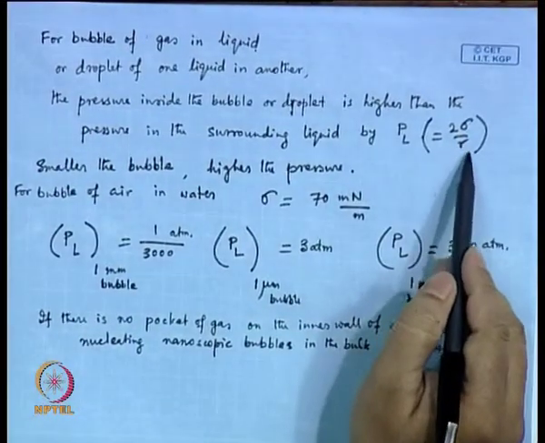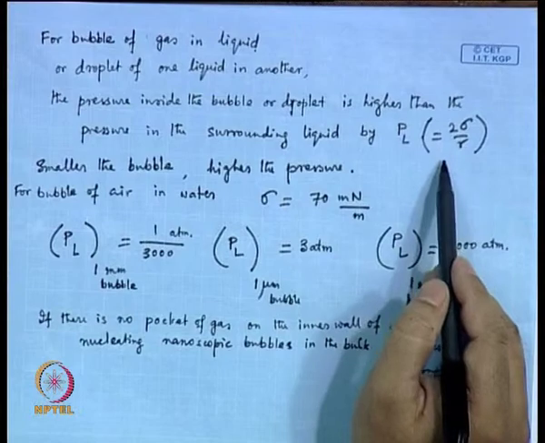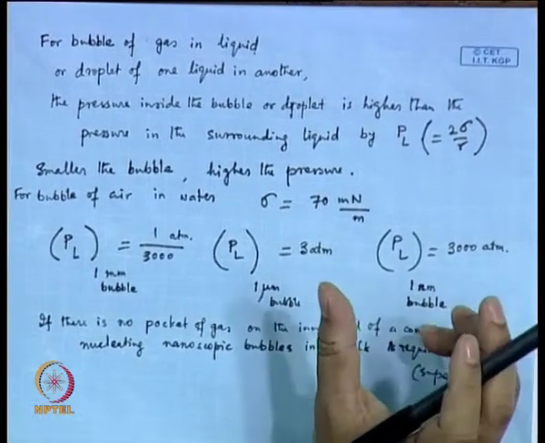Now, we have been talking about only one radius. We said that this PL is equal to 2 sigma by r. We are just working with a single sphere, but you may not have a sphere all the way.